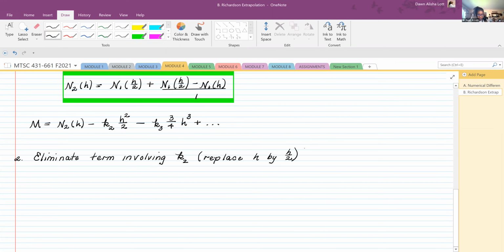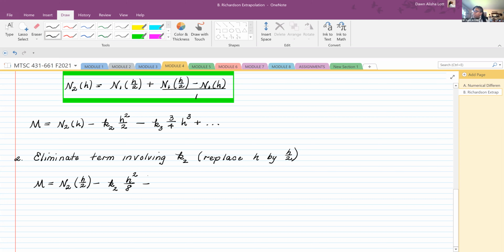Okay, so now M is equal to N2 of H over 2 minus K2. So now when I do H over 2 and square it and divide by 2, I get H squared over 8.